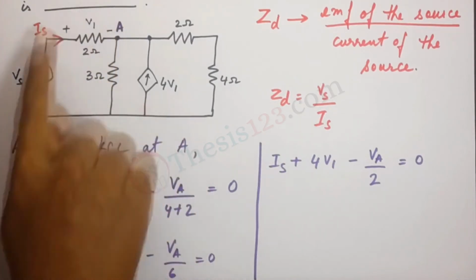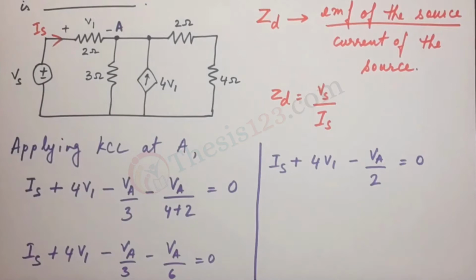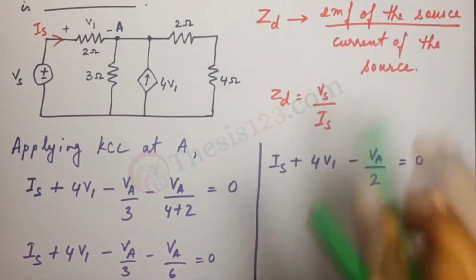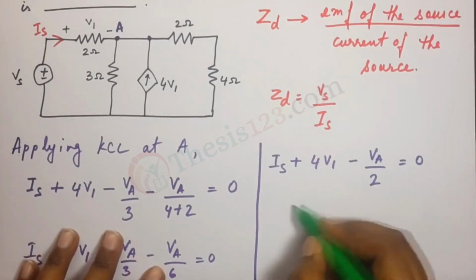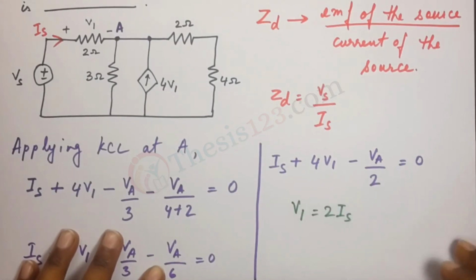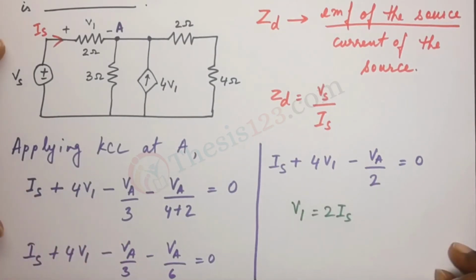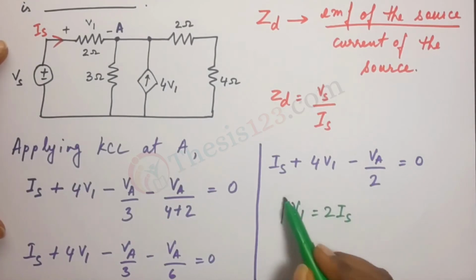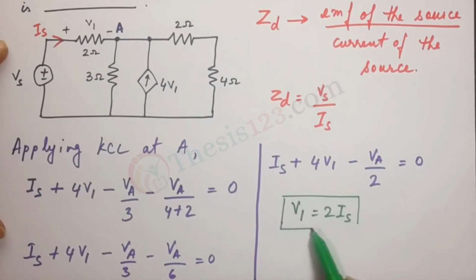So using just that portion we can write down one expression. V1 is equal to 2 times Is. We know that V is equal to IR. R is 2, I is Is. So this is one relation: V1 is equal to 2 Is.